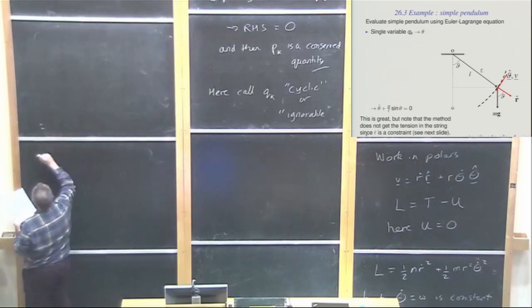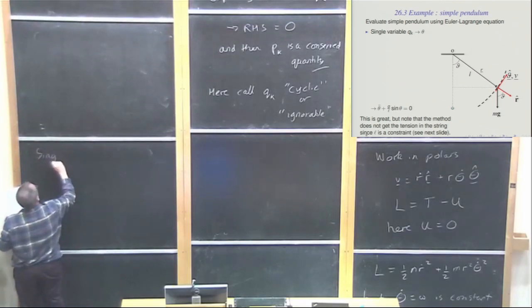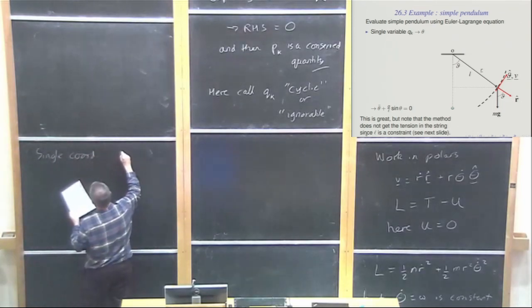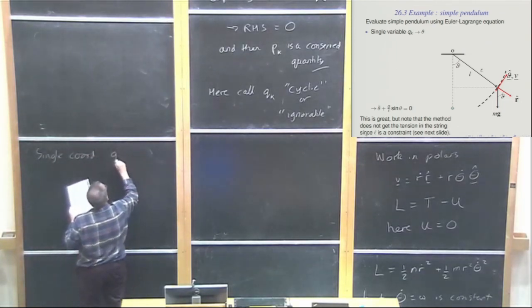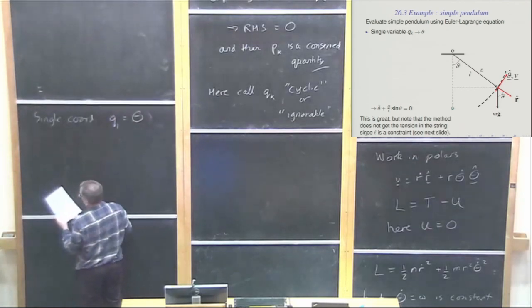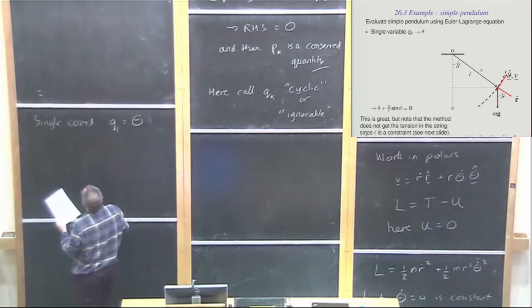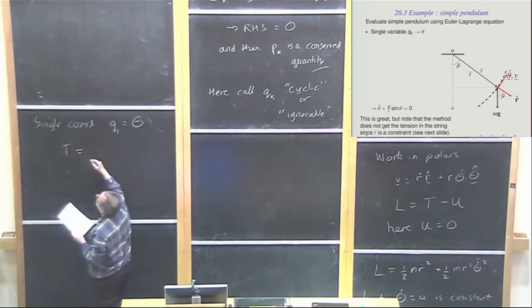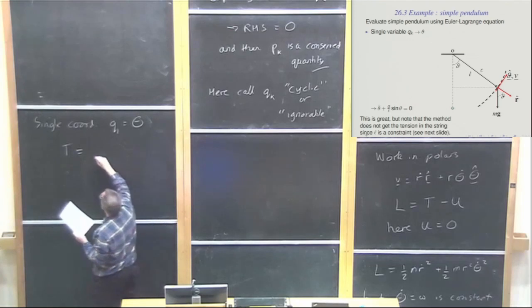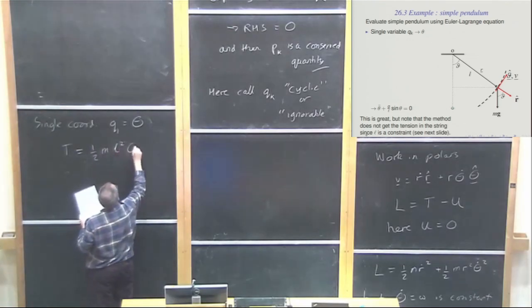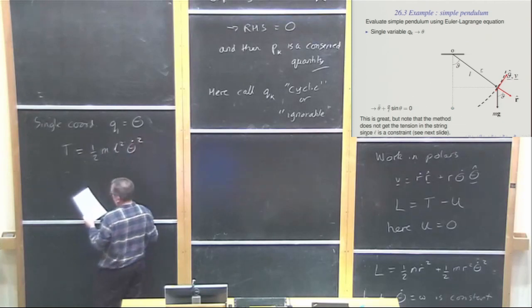Here we have a single coordinate we'd like to work in, which will be q₁ equals θ. And so the kinetic energy will just be given by a half m L² θ̇², okay?